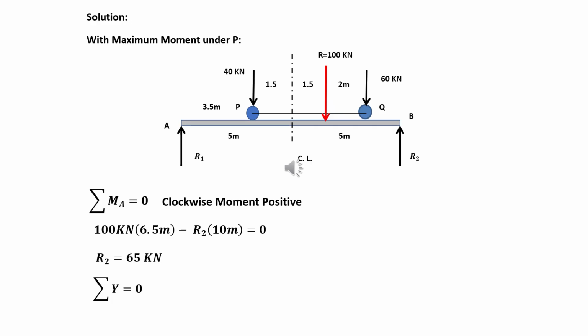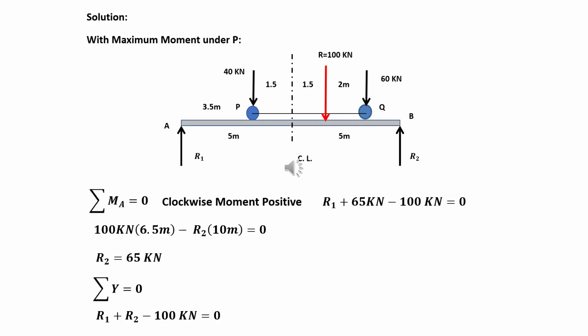While the resultant force 100 kilonewton is downward, that is why we will use a negative sign convention. Our equation will become R sub 1 plus R sub 2 minus 100 kilonewton equals 0.